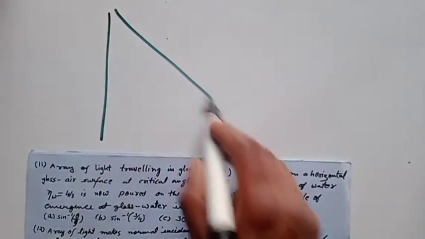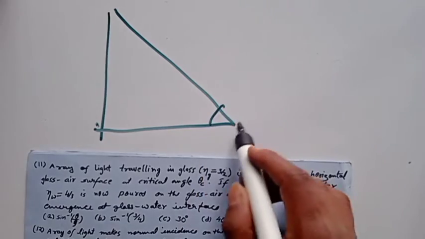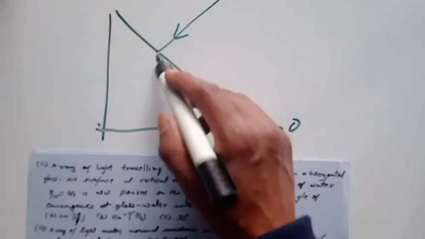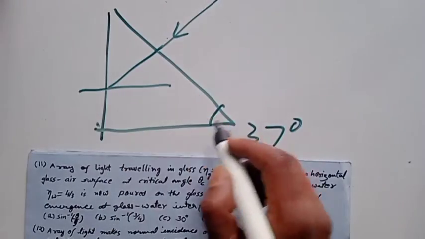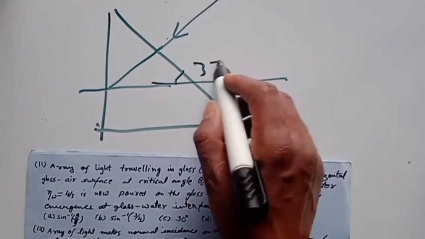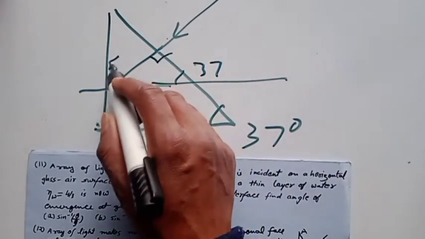Next, a ray of light makes normal incidence on the diagonal face. Here it is 37 degree, this ray is incident, it will go straight. Now this is 37, so this is 37, this is 90, so this is 53.